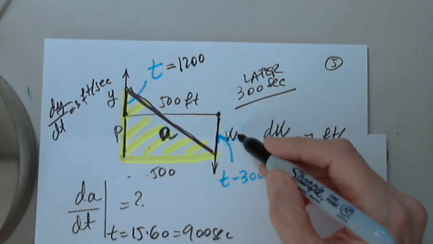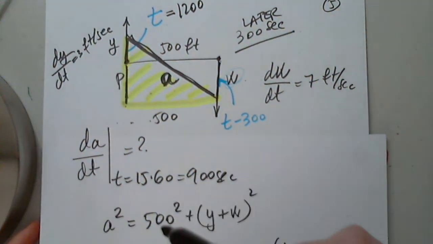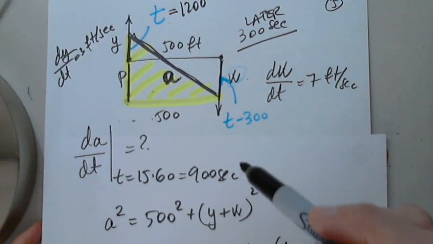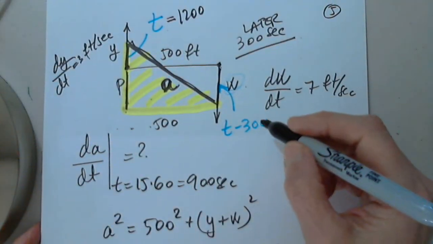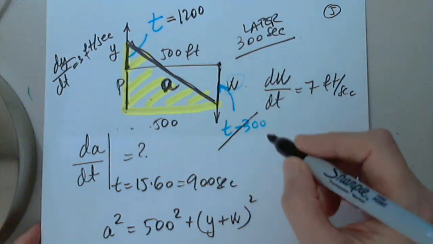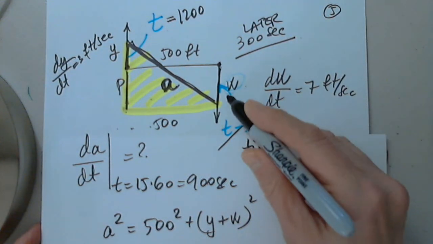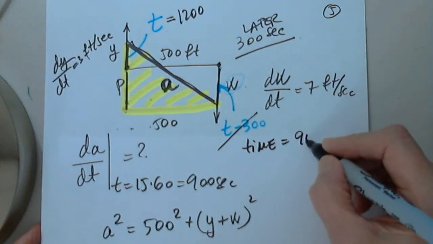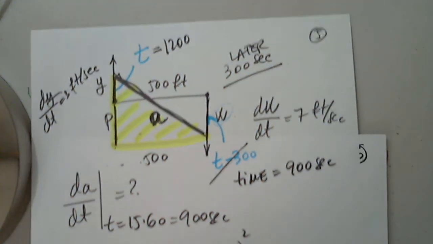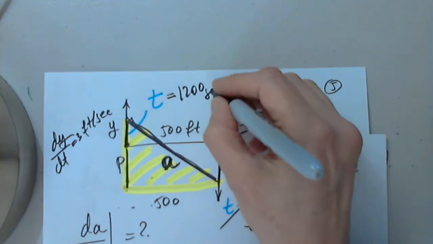She used the time of 900 seconds only. So I don't really need this anymore. So her time for the woman is 900 seconds, but for him is 1200.